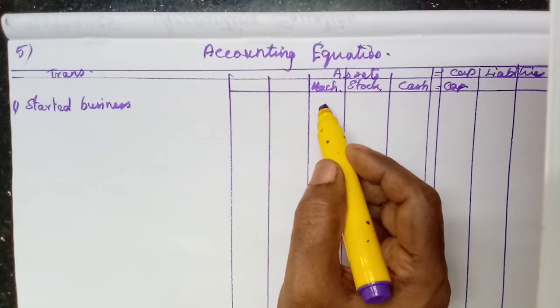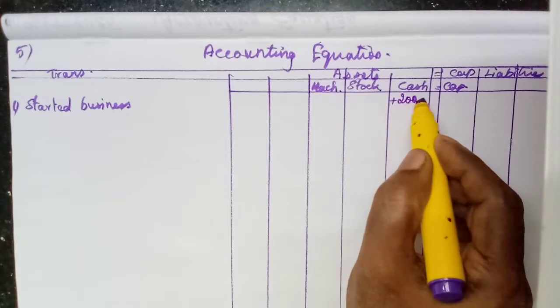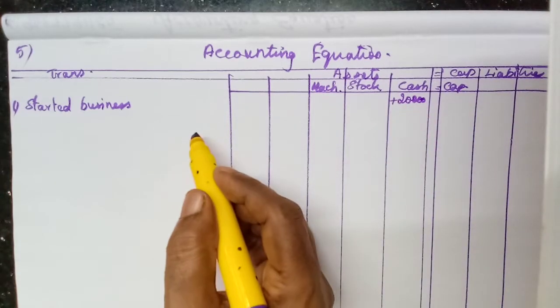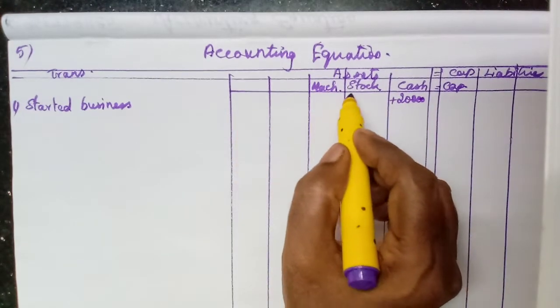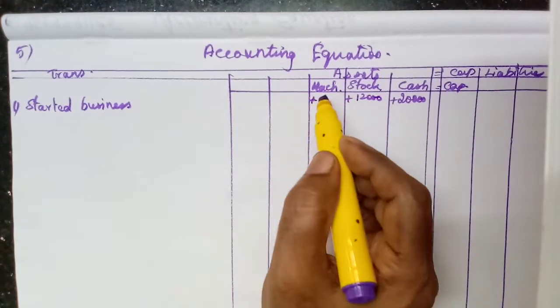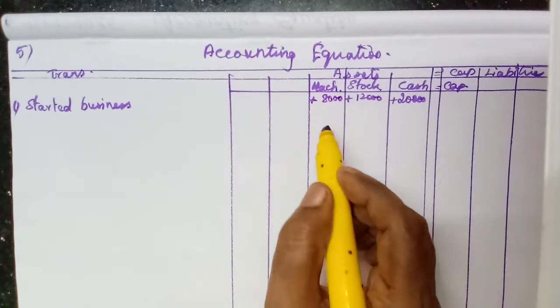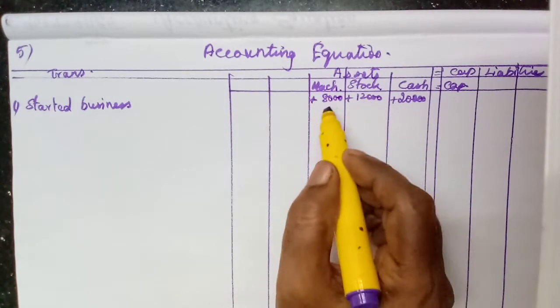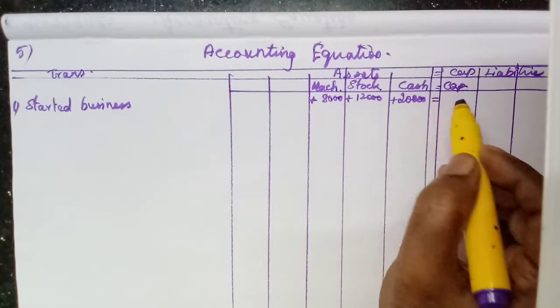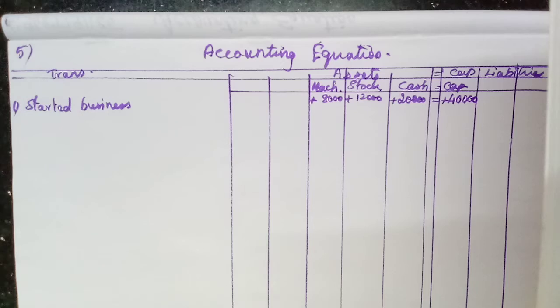Now all these together are called capital for him. So how much is cash? 20,000. Then stock 12,000. Then machine 8,000. So 8,000 plus 12, 20, 20 plus 20, 40, so 40,000 he is having as capital.